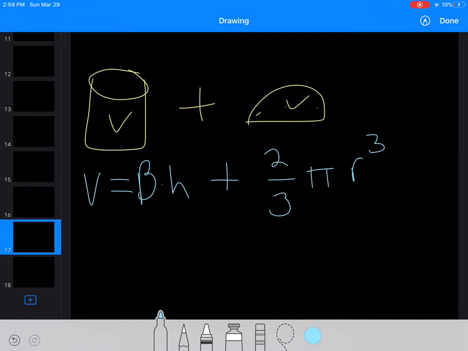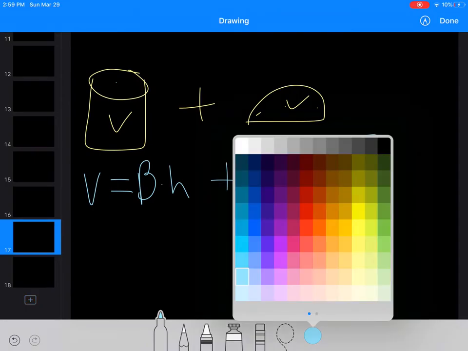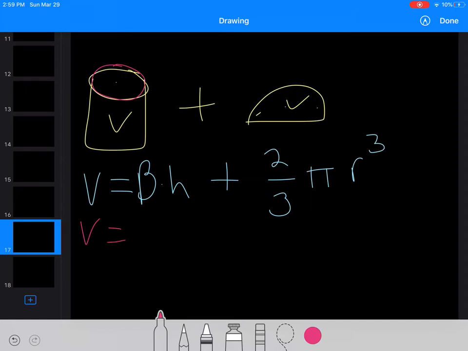This was the general formula for the cylinder and the prism, so it just depends on the base. This base is a circle, so the volume is pi r squared times h plus 2/3 pi r cubed.